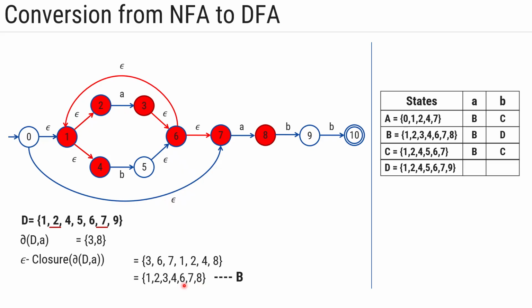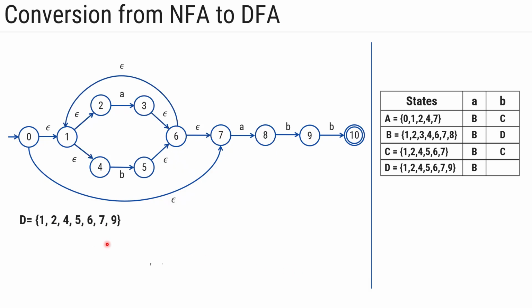Right? So which is similar to B. Then delta of capital D comma small a will go to B. Fill the transition table. So on a is over, on b we can find it. So delta of capital D comma small b, we can find the transition.